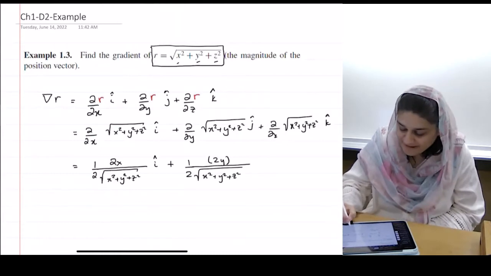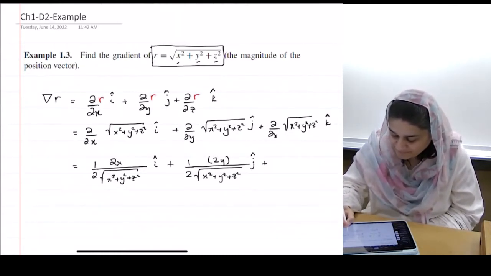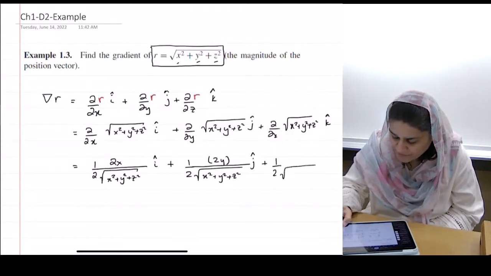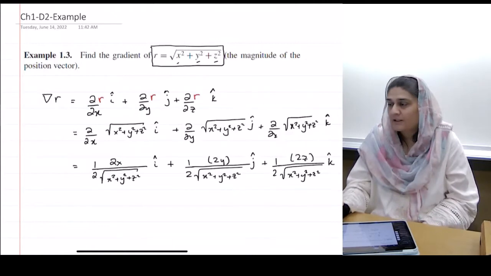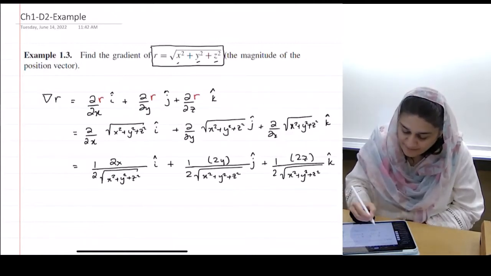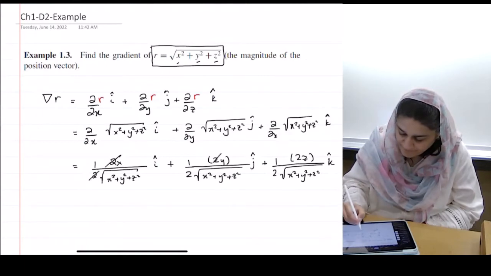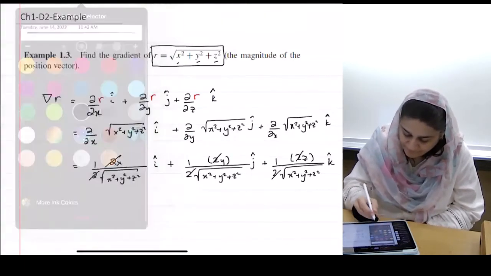Oh, and then ijk's will come along, right? j. Plus 1 over 2 square root of x squared. Casey, do you understand where we got this from? That means 2's will go away.